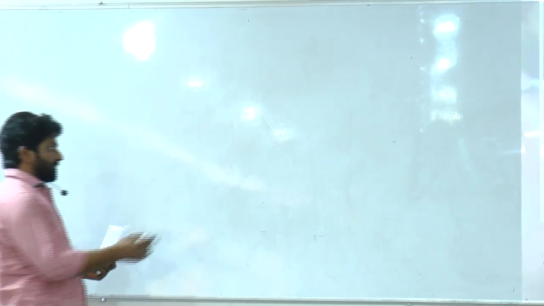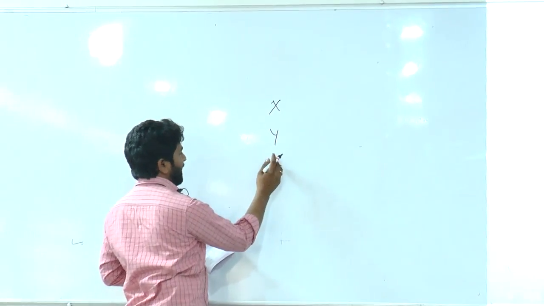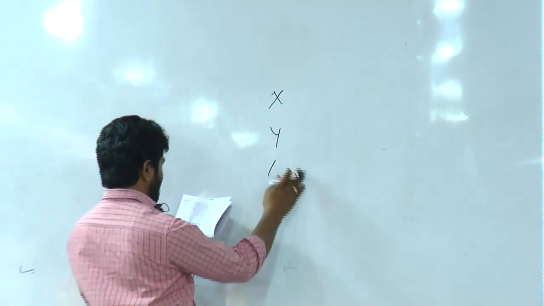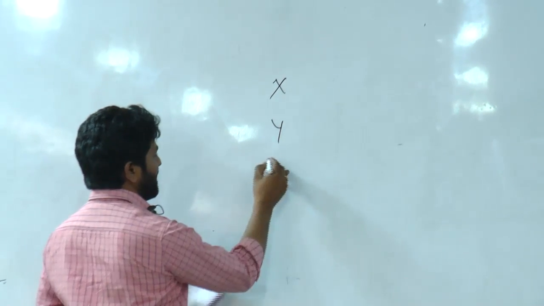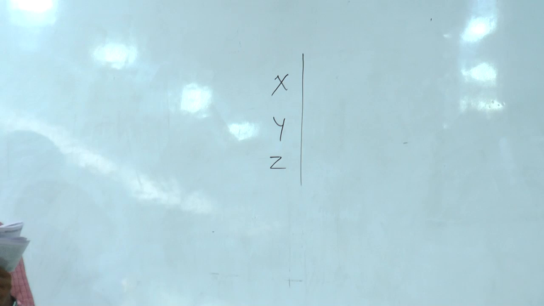We have three pipes, X, Y, and then the outlet, that is Z. X takes 3 hours to fill the tank and Y takes 4 hours to fill the tank.